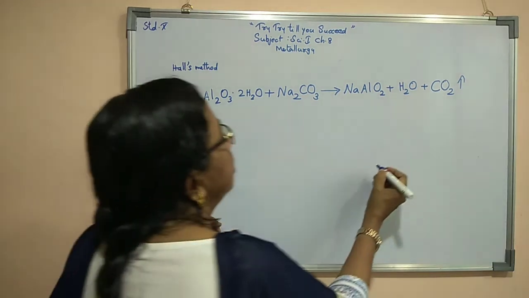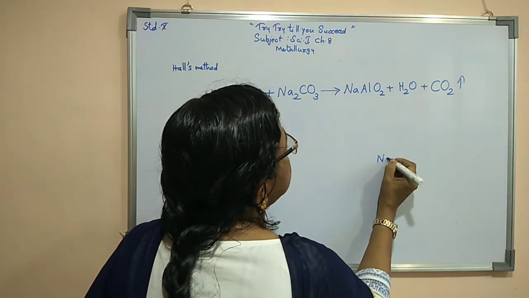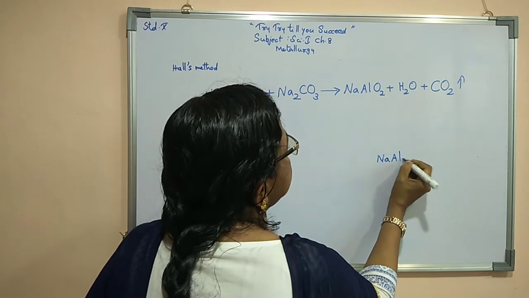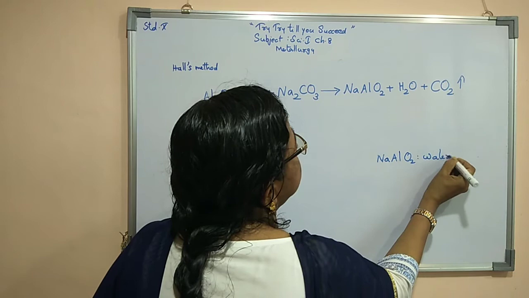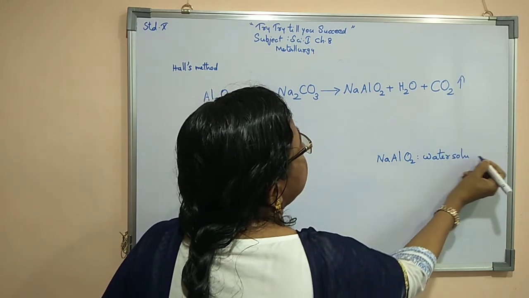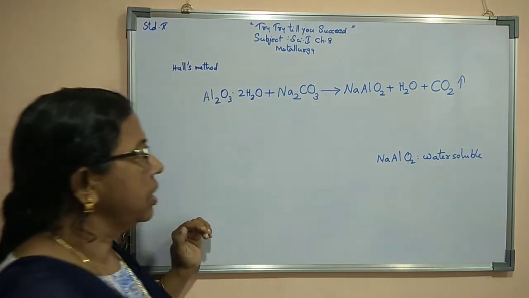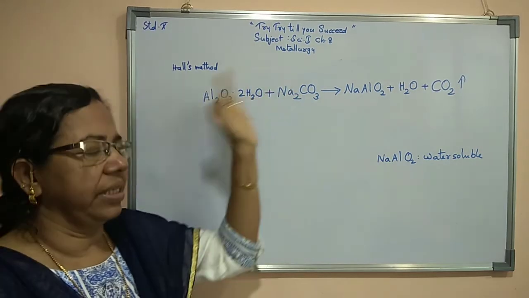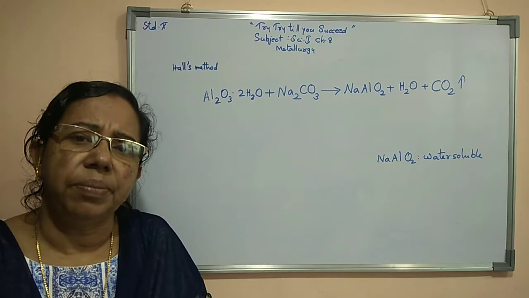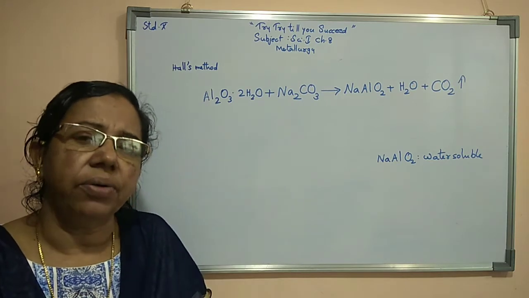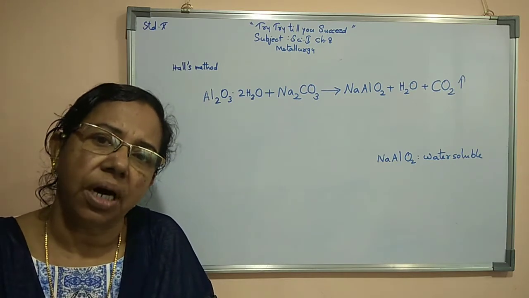So we can say that sodium aluminate is water soluble. Inside the water it can dissolve. Plus we can say that it will mix with it. At the same time other means the gang particles that will settle down, that can be able to remove out.